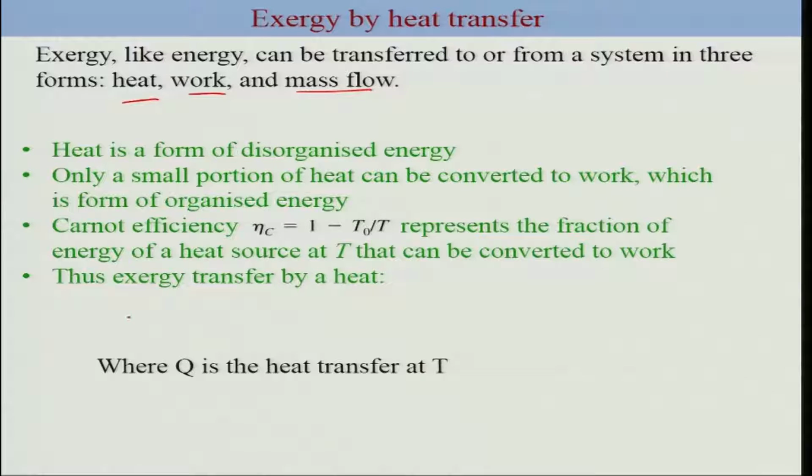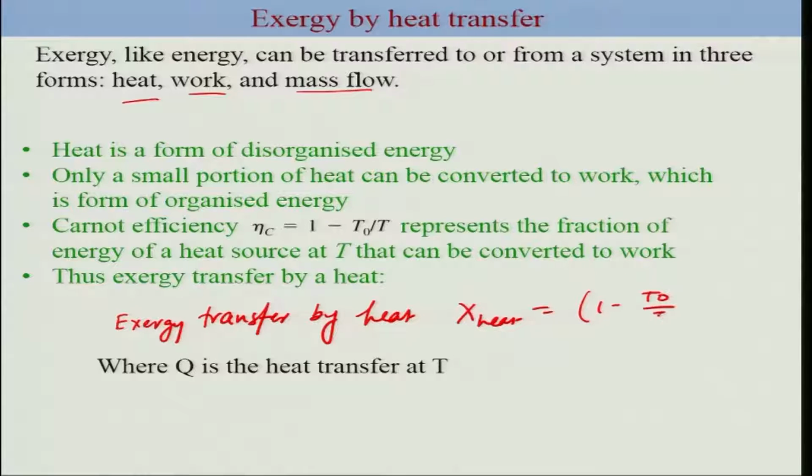So the exergy transfer by heat would be your X heat, and that is going to be your Carnot efficiency, 1 minus T0 by T, multiplied by Q, where Q is the heat transfer at T, and T0 is your surrounding or environment temperature.